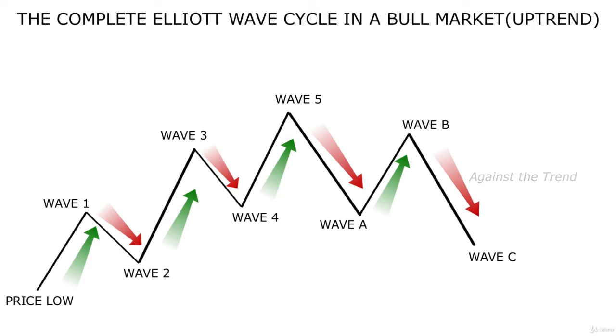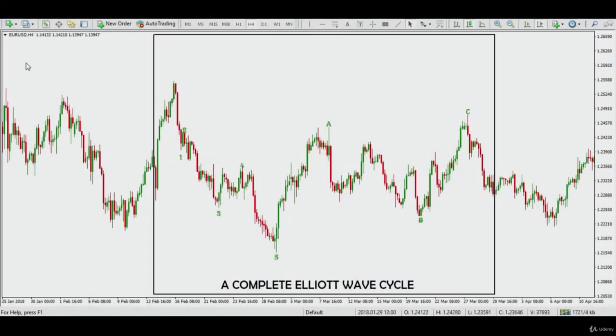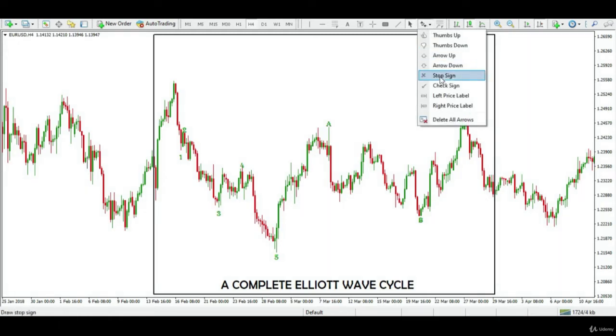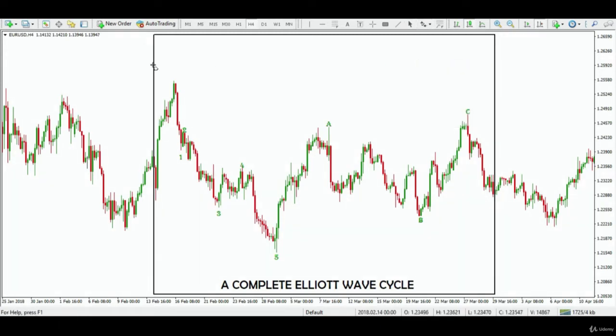Now let's study a complete Elliott wave cycle using a few examples from Forex markets. The first example we are looking at is of Euro Dollar on a 4-hour chart. Starting from this significant price top where the red arrow is, you can see that price came down in a 5 wave sequence.